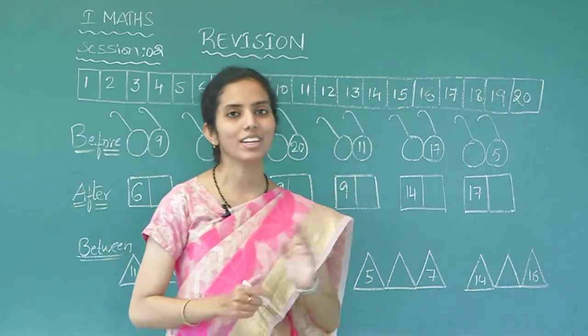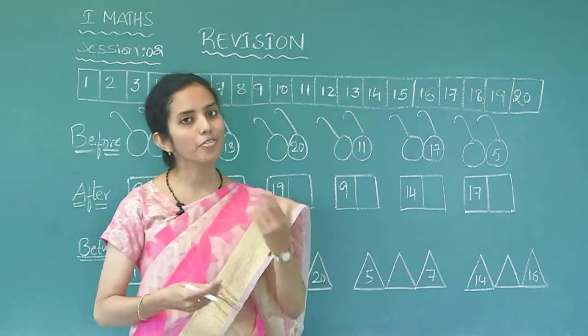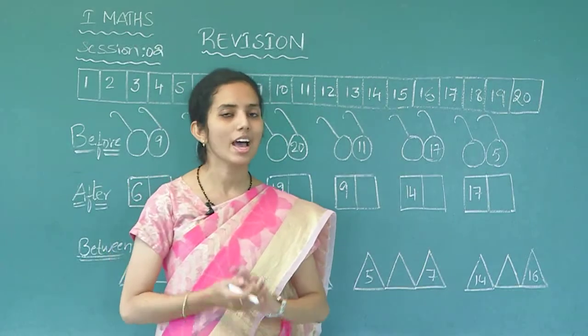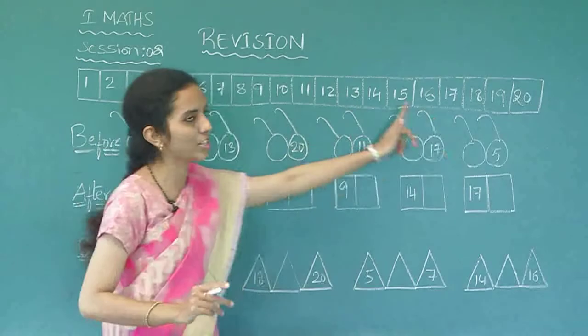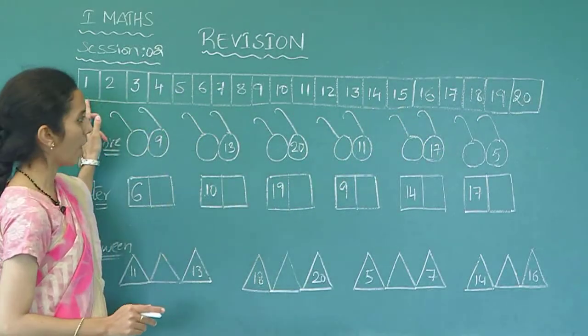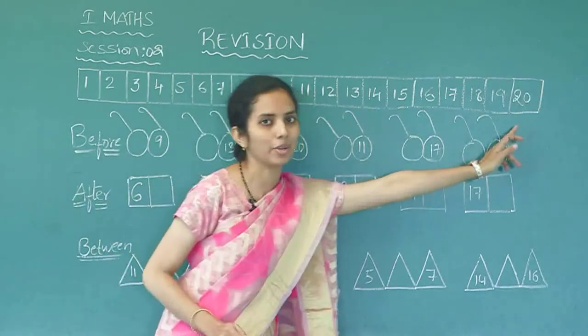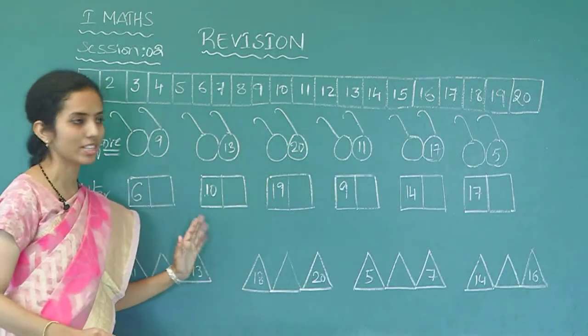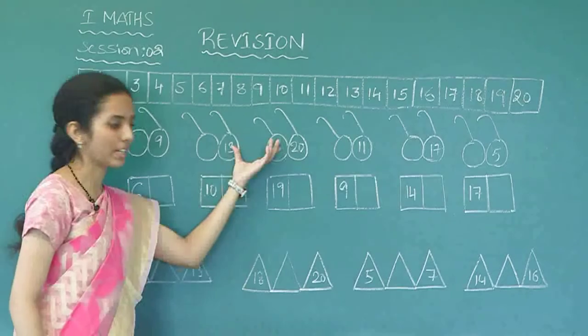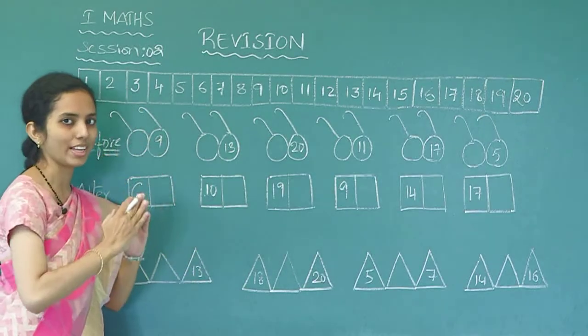Now, today in our class, we will learn before numbers, after numbers and between numbers. For that, we have a number strip here from 1 to 20. You can see some drawings here, a few boxes, a few spectacles and a few triangles.